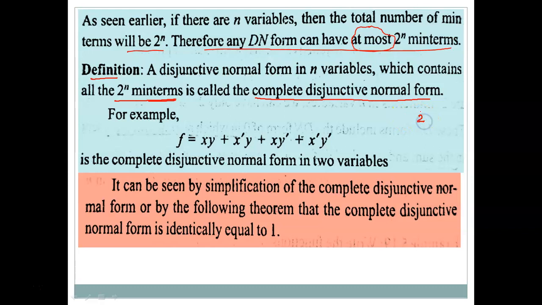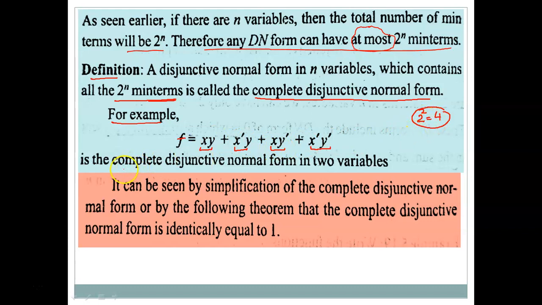If we are having an expression of two variables, then the DN form must have four minterms. So we write it in this way: xy, this is a minterm, x complement dot y, xy complement, then x complement dot y complement. You can say this is a function in two variables, and the number of minterms is 2 raised to power 2, which is 4.